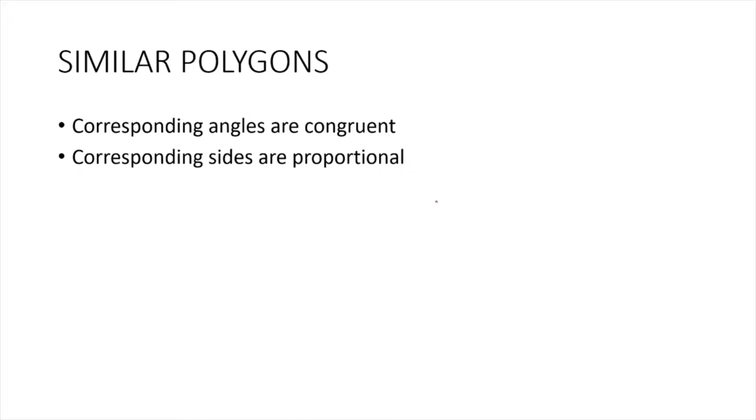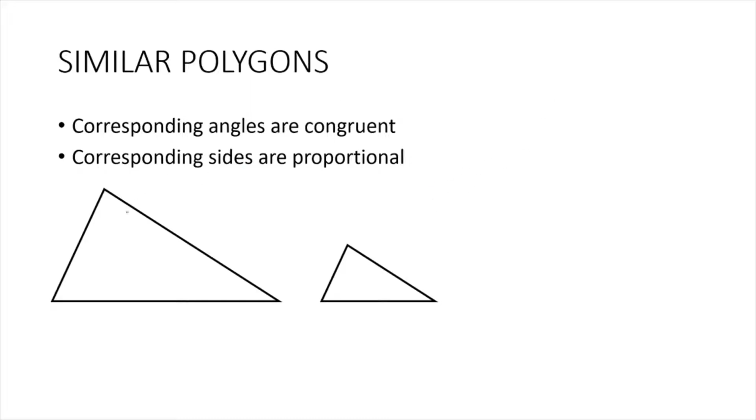Let's say we have two similar triangles. Let's call the sides of the larger triangle A, B, and C, and the sides for the smaller triangle X, Y, and Z. The angles at the same corners are the same.